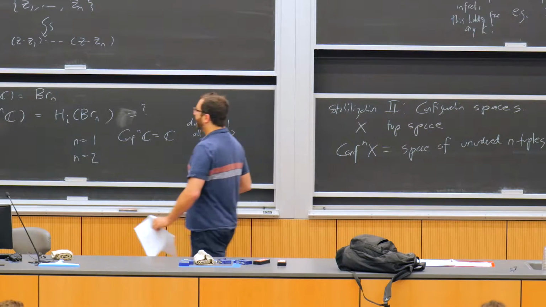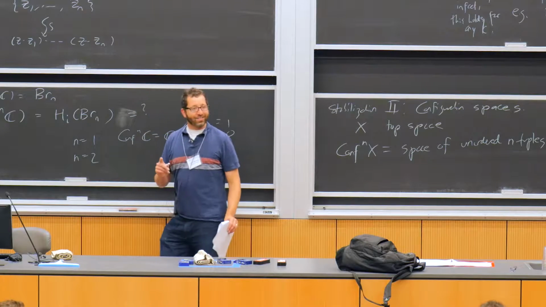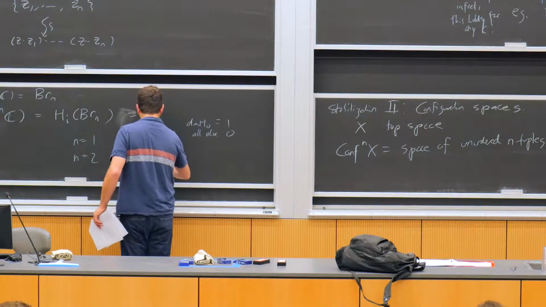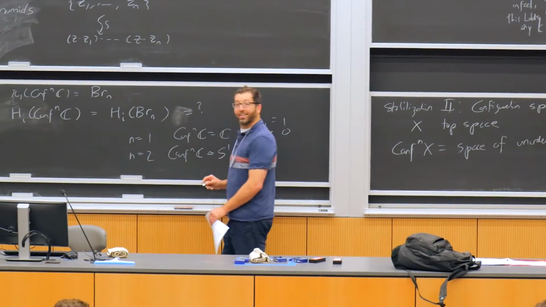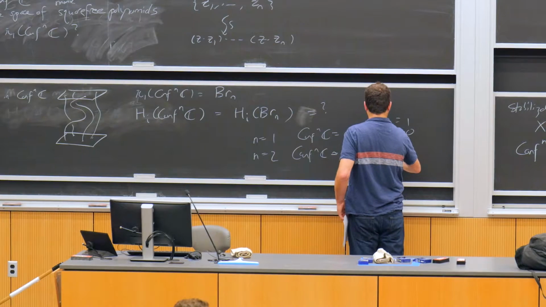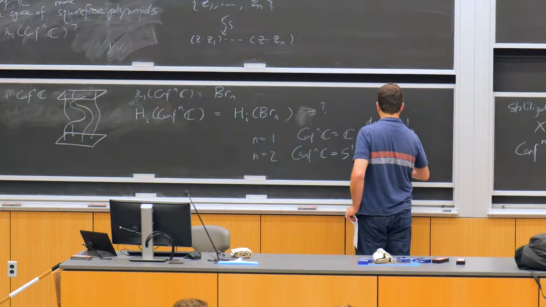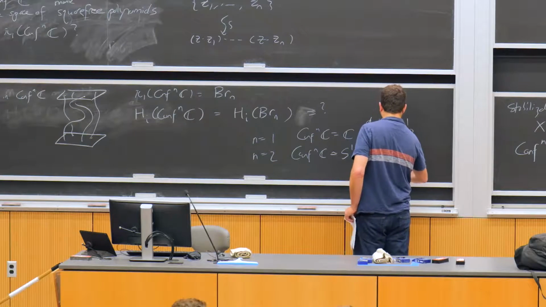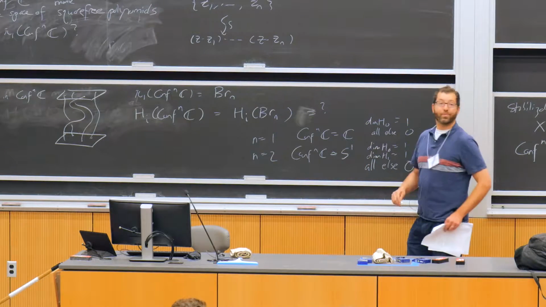But maybe I'll just tell you again as an exercise that Conf_2(C) is actually homotopic to a circle. So dim H0 equals 1, dim H1 equals 1, and all the other cohomology groups vanish.